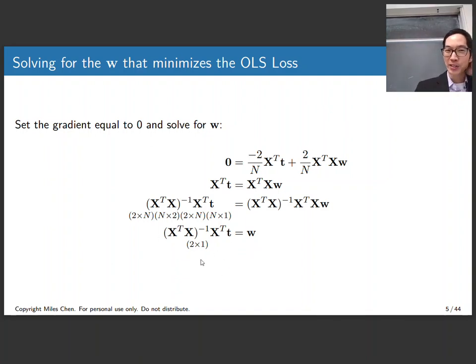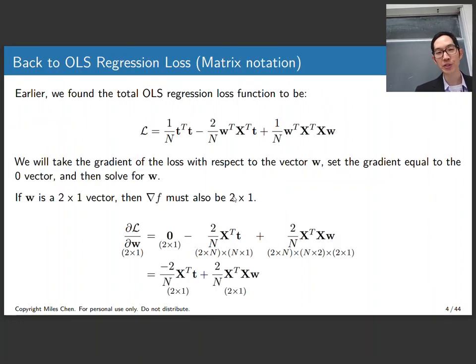This is going to be a very familiar quantity, but right now this is the value of w. That is the answer to the question of what value of w makes the gradient equal to 0.